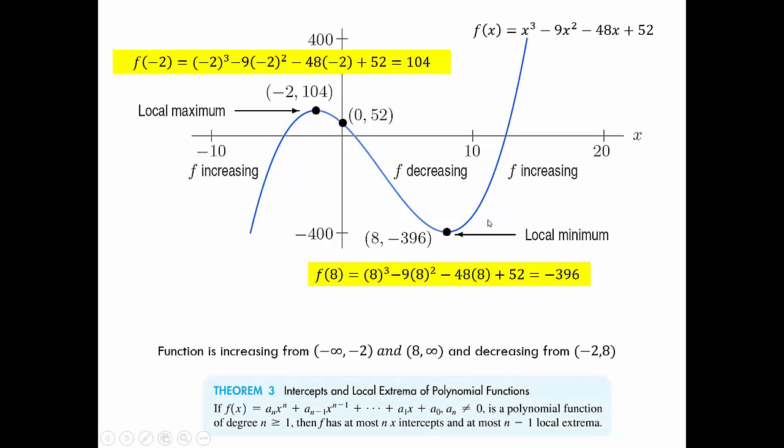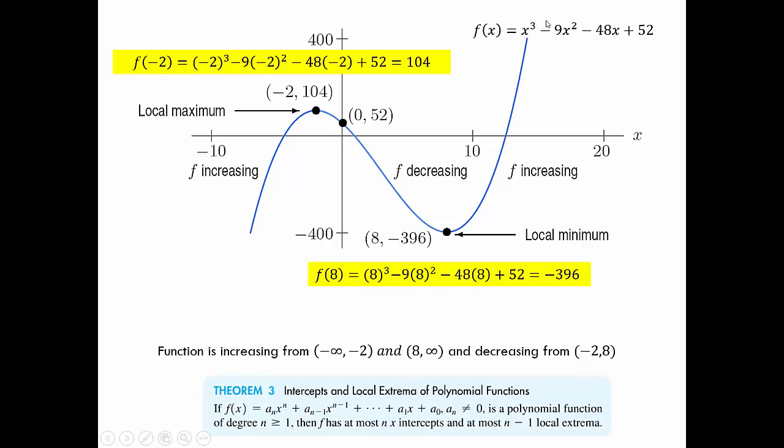What's kind of nice, if you remember this from algebra, and if you don't, it's not a big deal, is that this theorem says that if I have a polynomial of degree n, where the degree is the highest exponent, so this degree is 3, then the function has at most n x-intercepts.